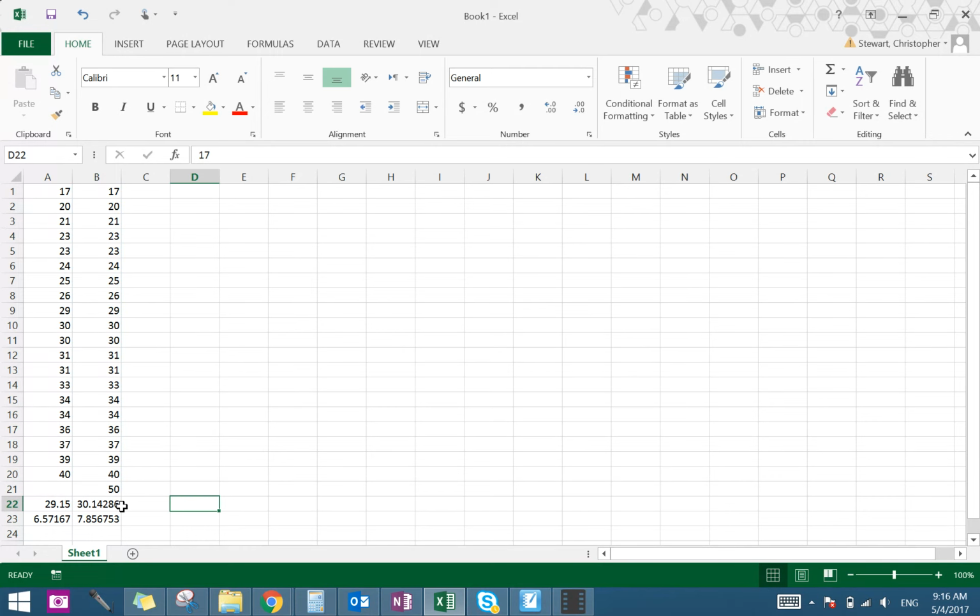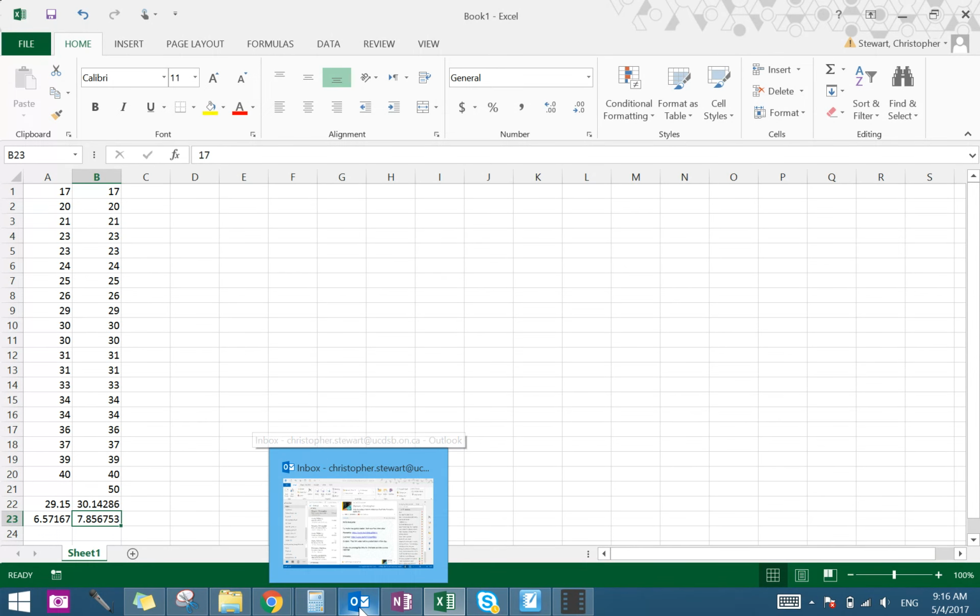The new average is 30.14, so it has gone up by about a percentage point. That's relatively significant. That one datum in a small data set is going to influence that. And then you can also see that the measure of variation, or the standard deviation, has gone up to 7.85, which is roughly 1.3 almost. So in terms of a raw score, we're seeing 1.3 marks being added on here in terms of standard deviation. That to me does represent that particular value being an outlier. That is the 50.